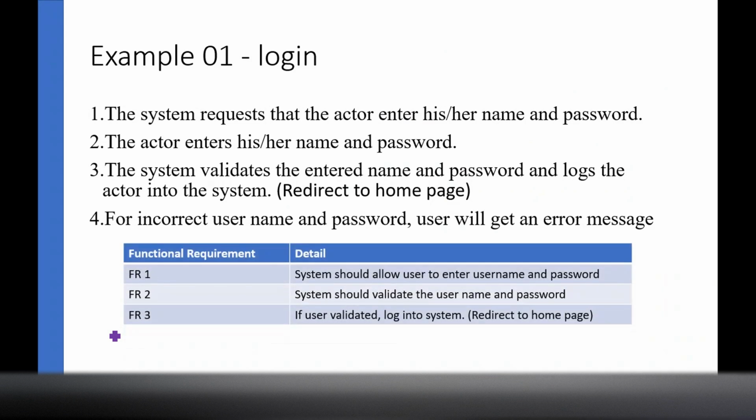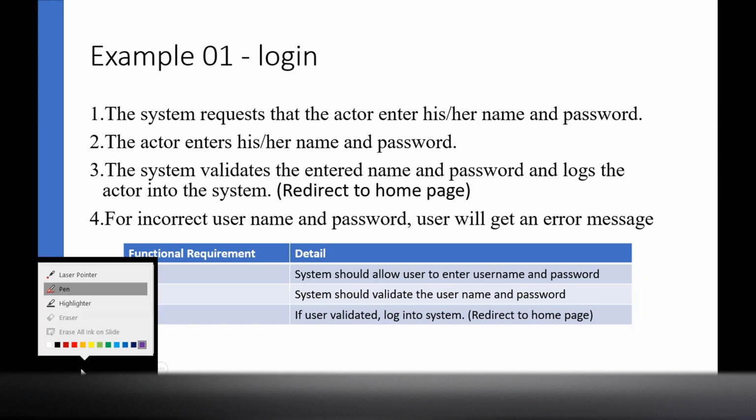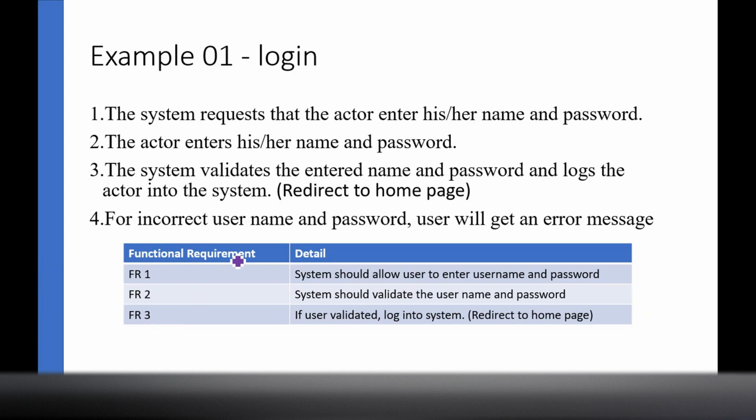Now, this is the standard way of defining a functional requirement. Usually, we follow this mechanism. Actually, it depends on the system and business. Some business people would use different templates, but for a simple document, you write: functional requirement number 1, system should allow the user to enter username and password.